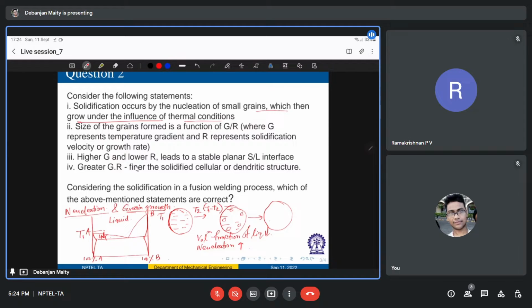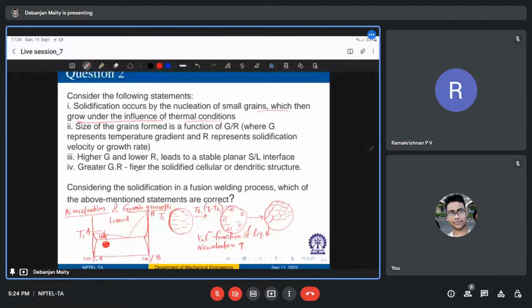With time in the growth stage, the stable nuclei will increase. Whenever you are somewhere in this zone, you come up with a solid solution of A and B, which we call the alpha plus beta solid solution.